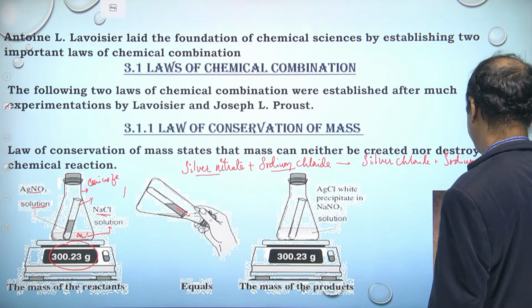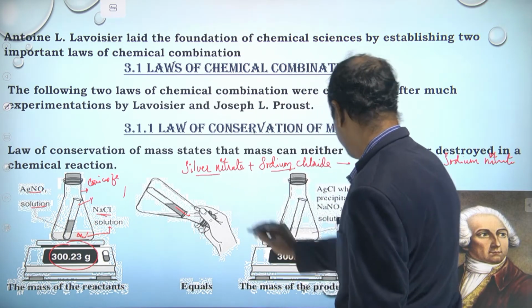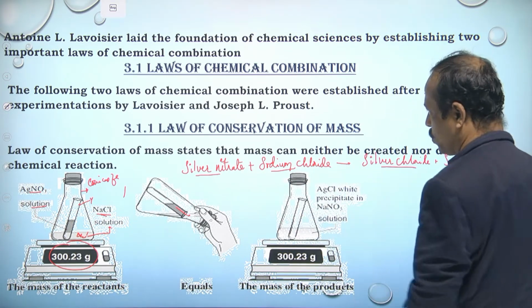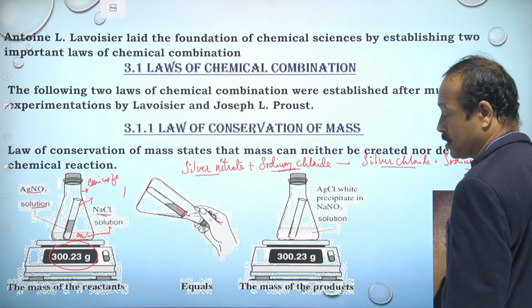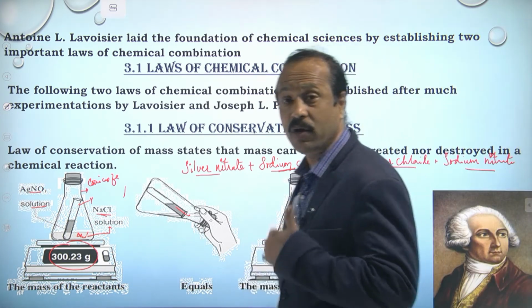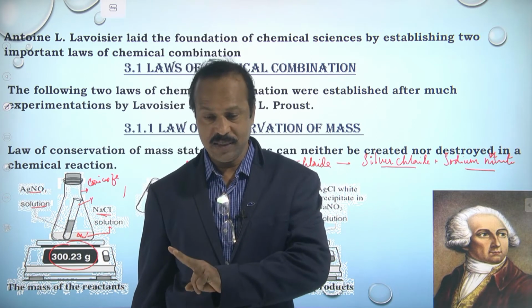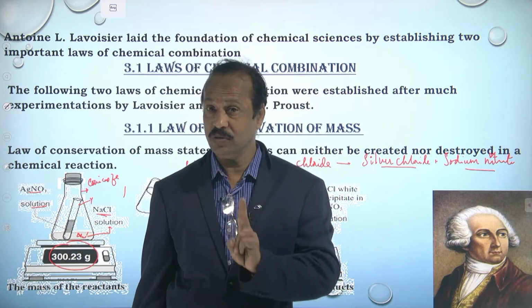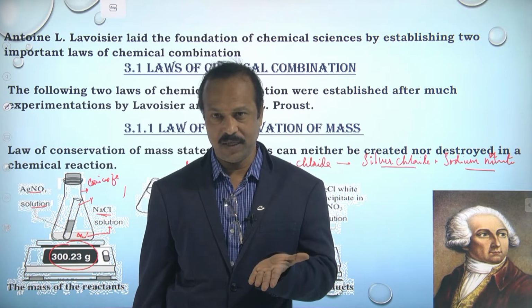The substances I took were silver nitrate and sodium chloride. Silver nitrate changed into silver chloride, and sodium chloride changed into sodium nitrate. So I got two new substances, different from the first two.